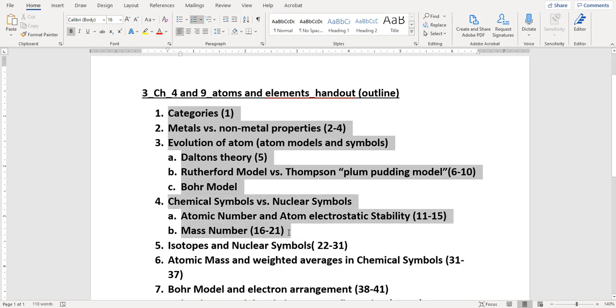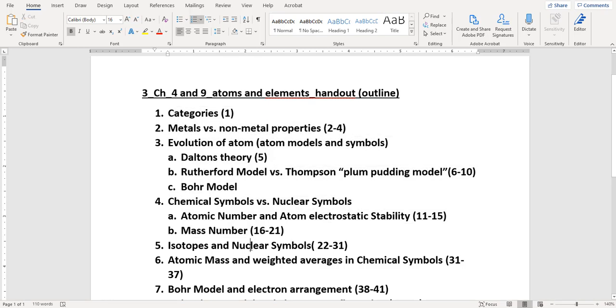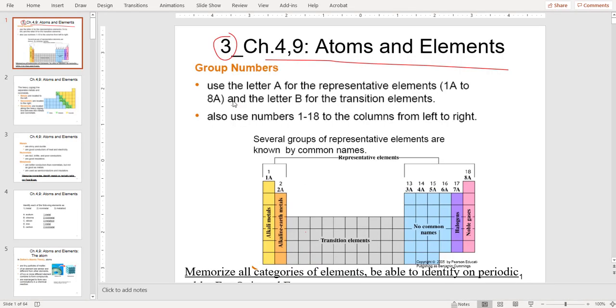And then we'll start getting into other aspects of chemistry, such as nuclear symbols. So let's go ahead and begin. Now, the periodic table is designed so that it groups together elements with repeating properties.